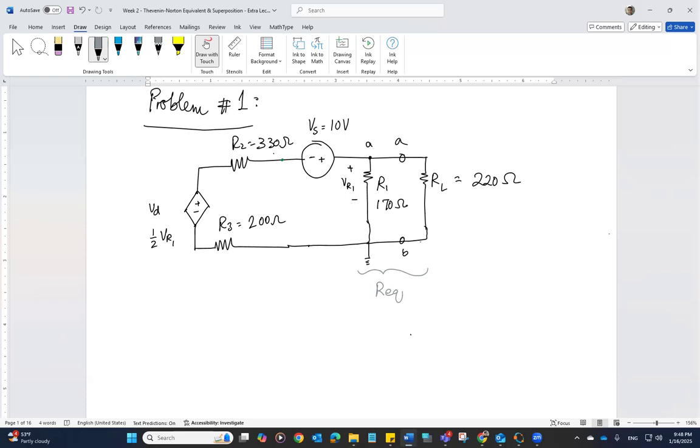Of course, VR1 is going to appear across the equivalent resistance because VR1 is the same across R1 and RL. So we will have a single loop, and then we're going to apply KVL.